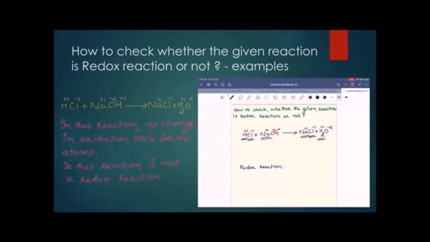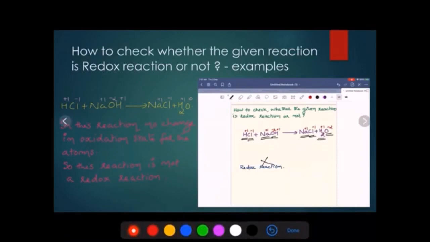Sodium, no change. Oxygen, no change. So there is no change in the oxidation state of atoms which took part in this chemical reaction. So this is not a redox reaction because here there is no oxidation, here there is no reduction.